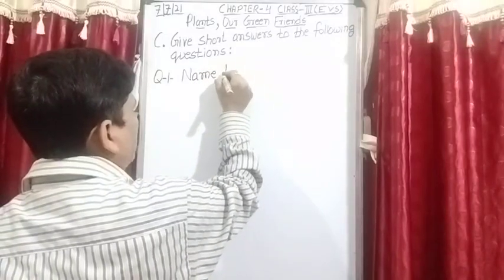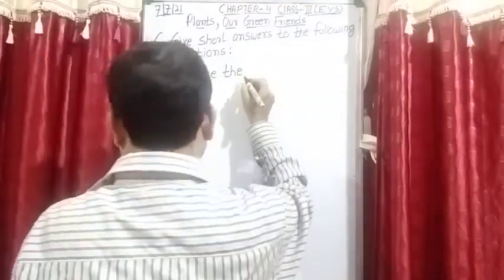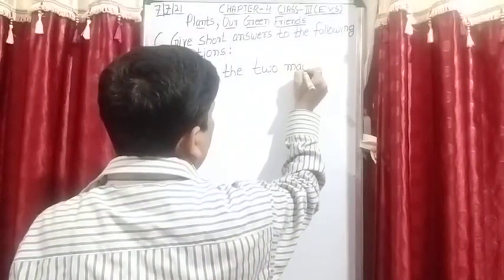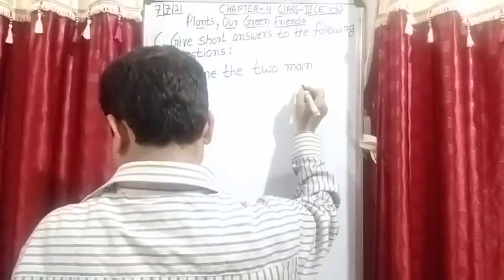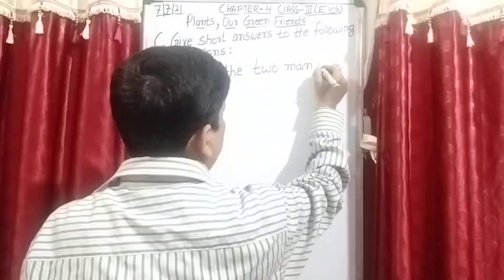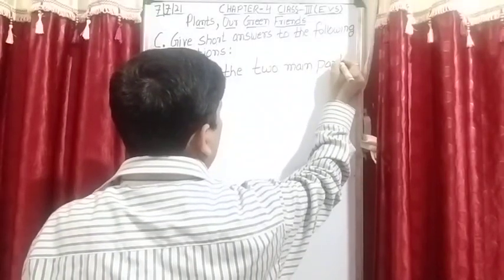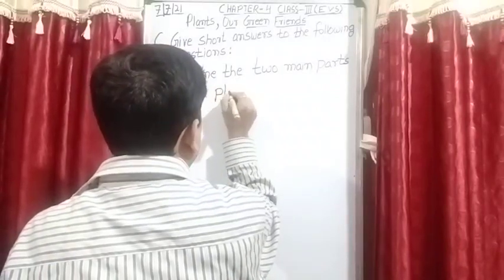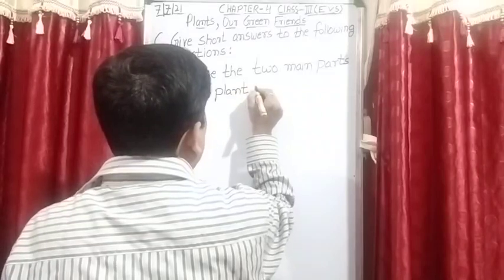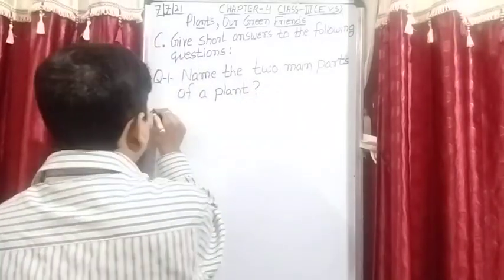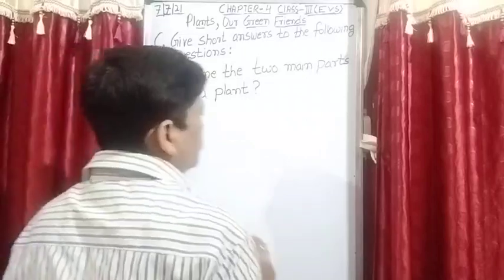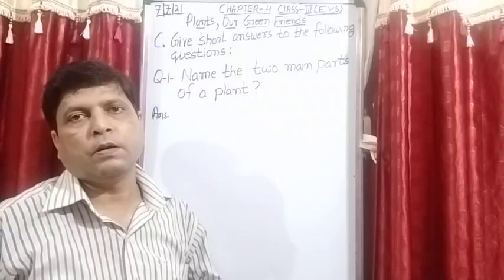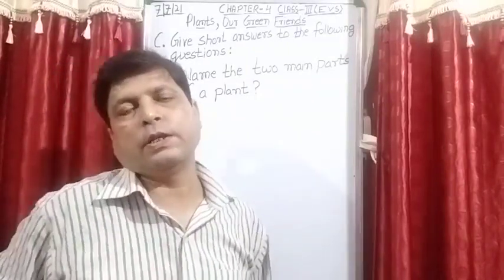So students, a plant is divided into two main parts, root system and shoot system.